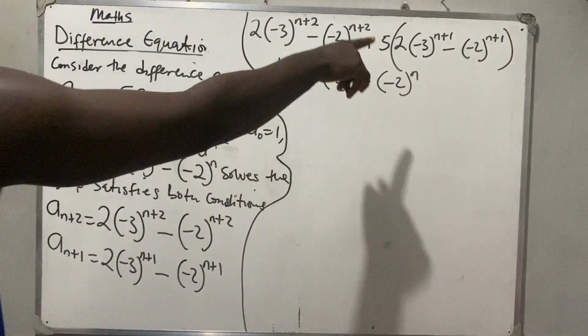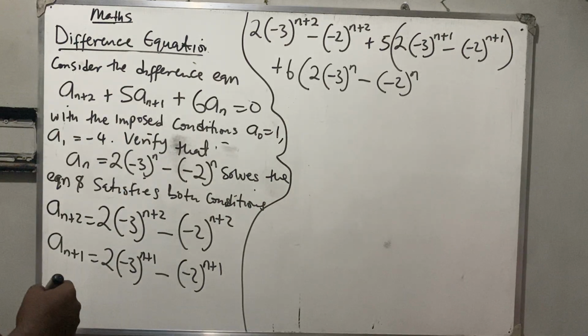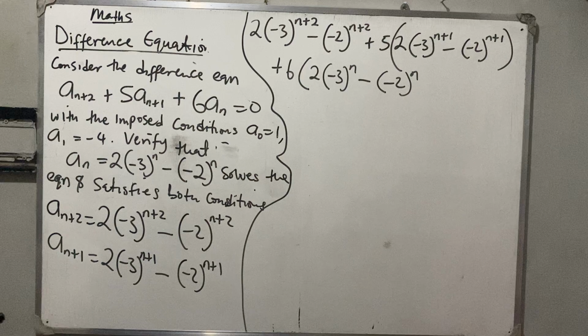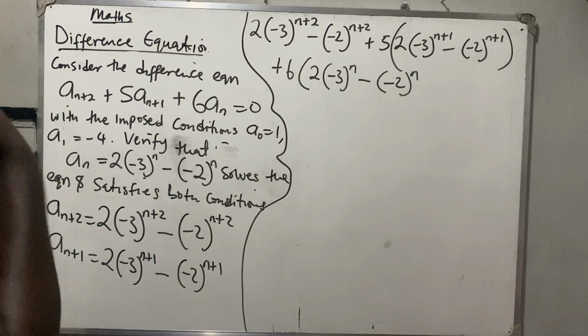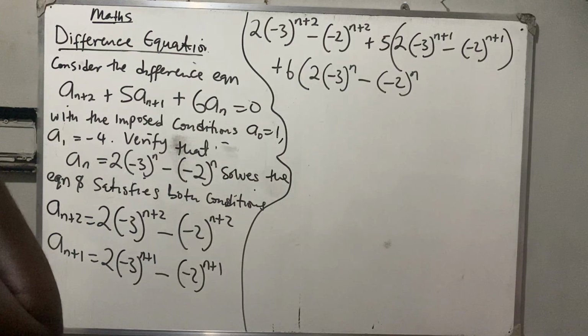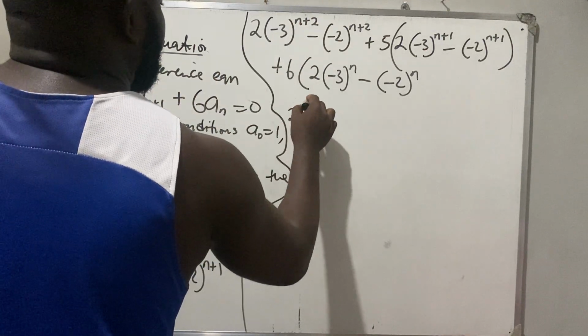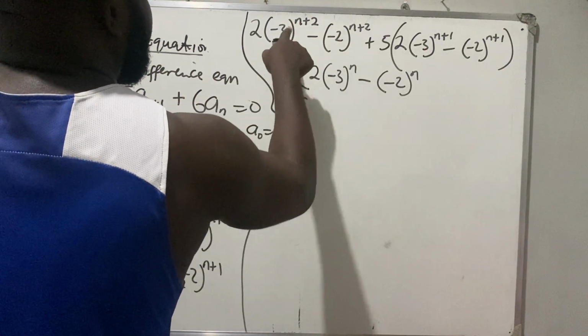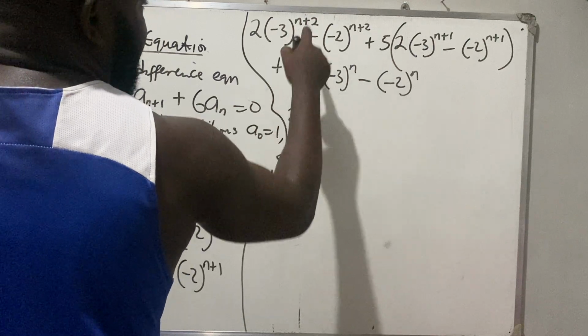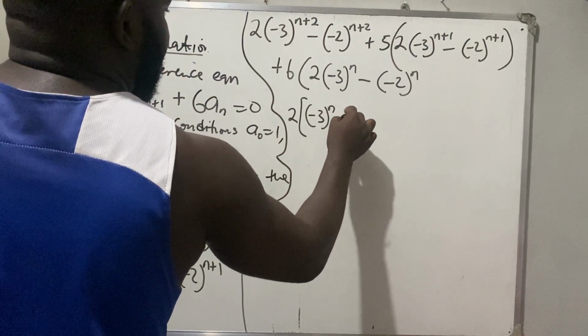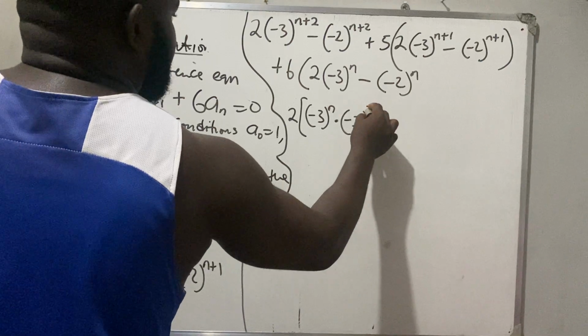Okay, we want to check if we solve all these, are we going to get 0? So let us solve it gradually. Let me break down all these ones. So I have 2 into, breaking this one down, I'm going to have minus 3 raised to power n multiplied by minus 3 raised to power 2.